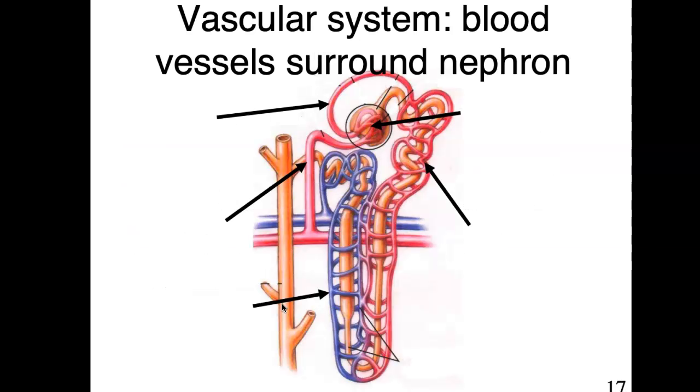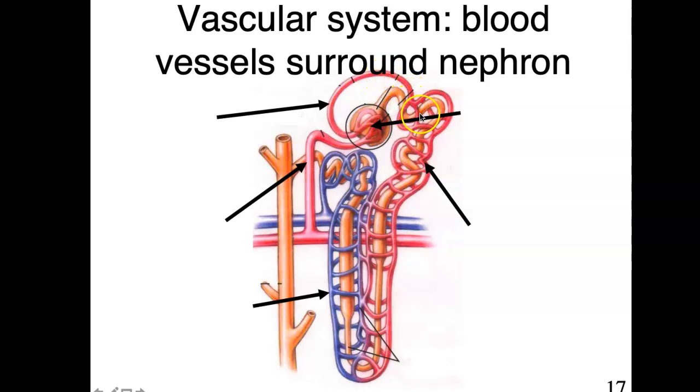So in this diagram, you would have here this artery coming in, and now this is a smaller arteriole, and it's feeding in to the glomerulus here. So this would be the arriving arteriole into the glomerulus. It goes through this sort of ball of yarn here of capillaries, and then it would exit through the efferent arteriole.